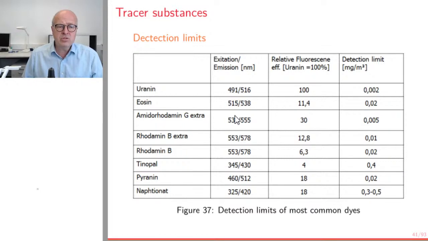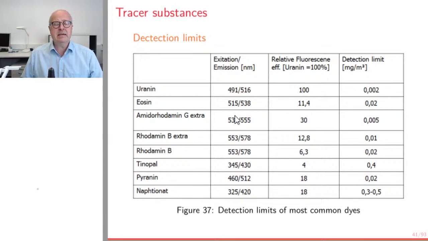And again, the most sensitive detection is possible for uranine or sodium fluorescein. We can detect down to 0.002 milligram per cubic meter, or microgram per liter.